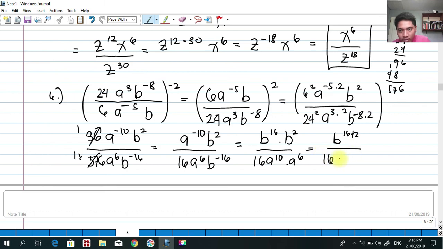The same also on the denominator, a raised to 10 plus 6. So we have b raised to 18 over 16 a raised to 16. That should be our final answer, and our final answer does not involve any negative exponents.